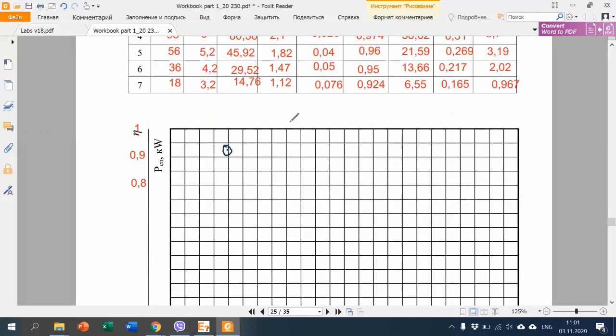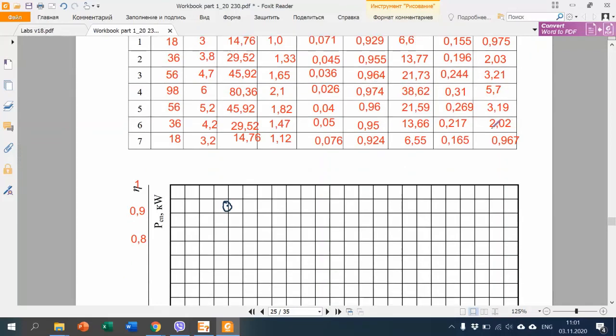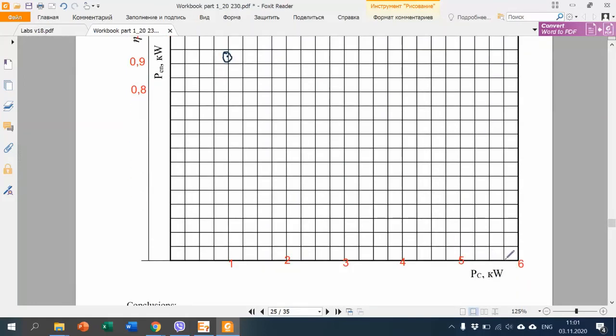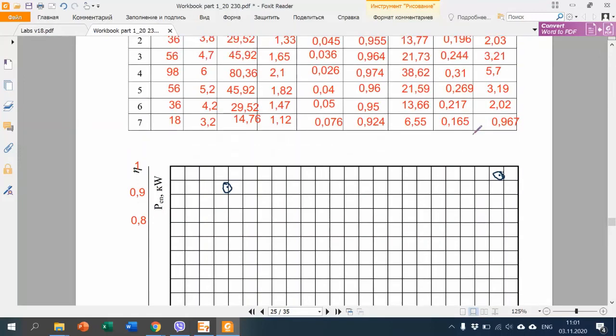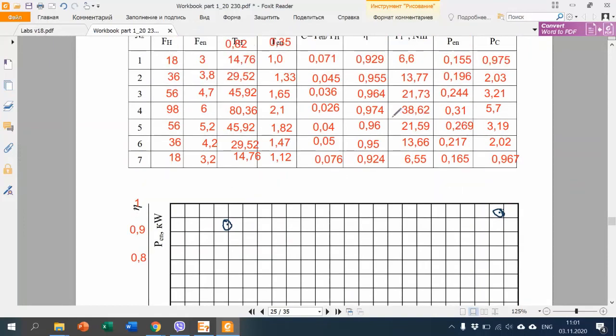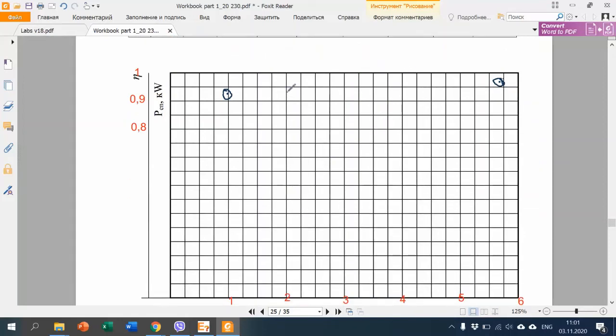It's first. At the last, 0.97 to 0.975. Maybe 0.95, 2.03, 2.95.